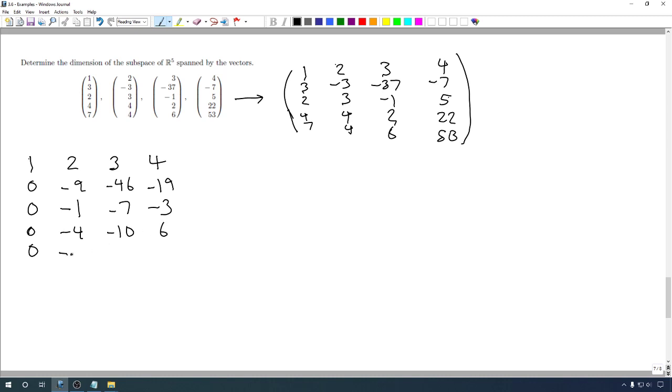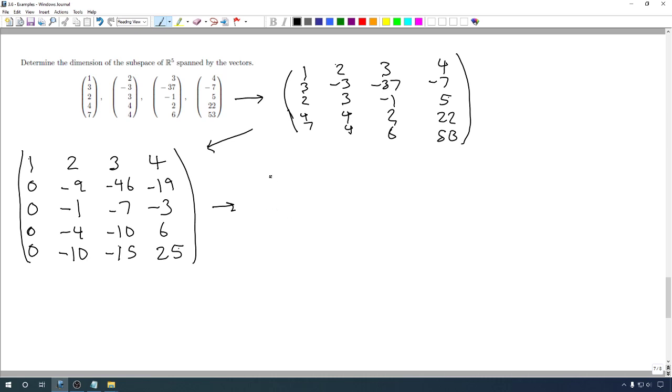And then finally down here we have -10, -15, and 25. So quite a few calculations there that I skipped over, but hopefully the process of doing that is fairly well known to you guys by now. I mean, we have been doing a lot of Gaussian elimination. I hope by this point we know how to do that.